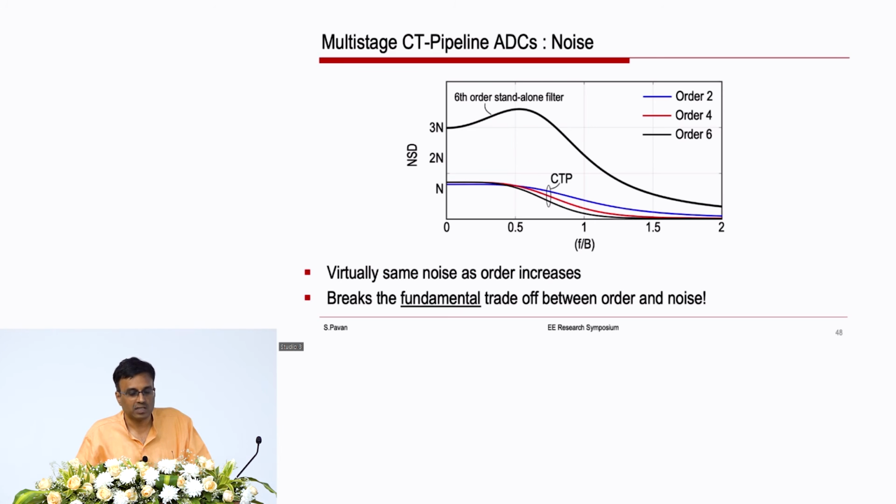So in other words, we are able to realize high order filtering without the accompanying noise penalty. So for the same performance, you have 1/3 the noise, so that basically translates to a power advantage by a factor of 10.